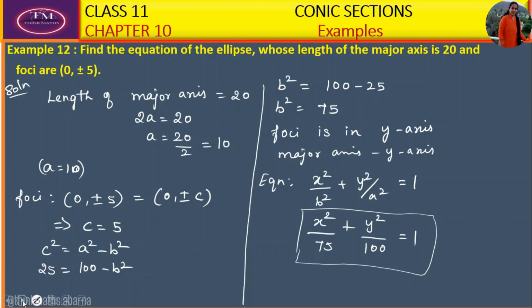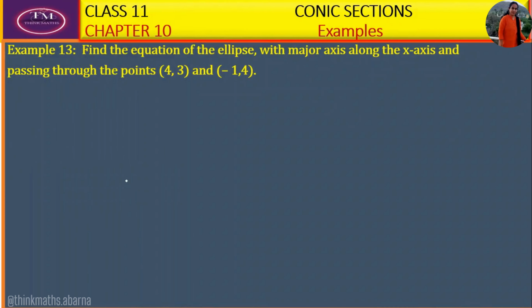So moving on to example 13. Find the equation of the ellipse whose major axis is along the x-axis and passing through the points 4, 3 and minus 1, 4. So here they gave the major axis is along the x-axis.